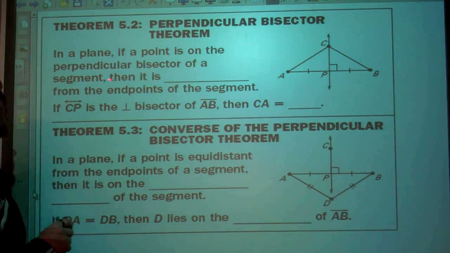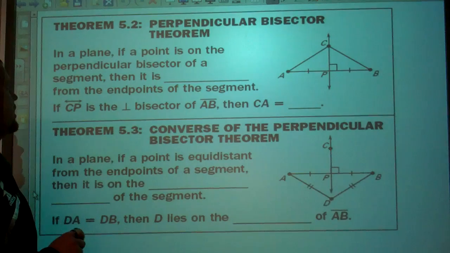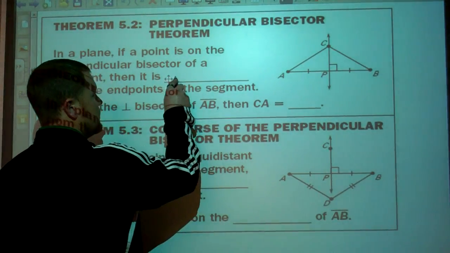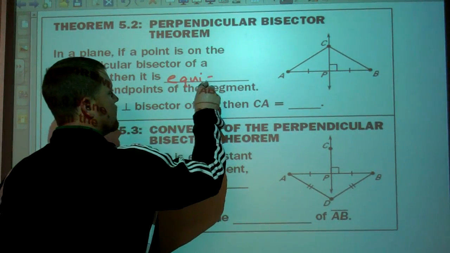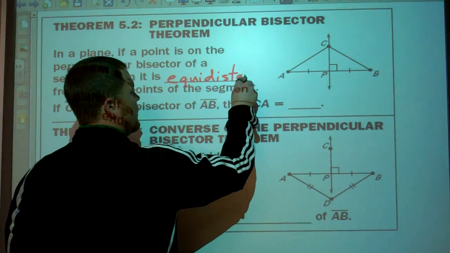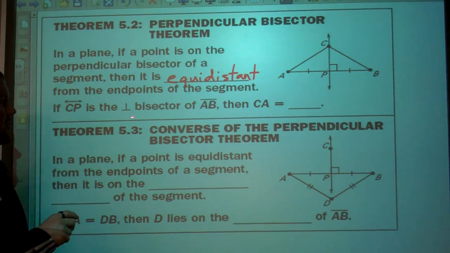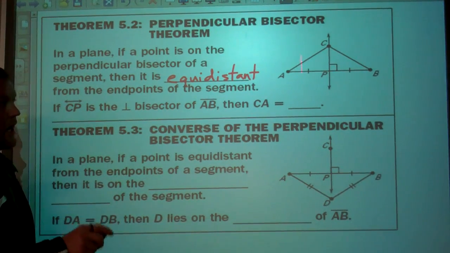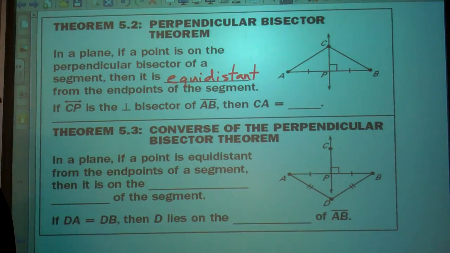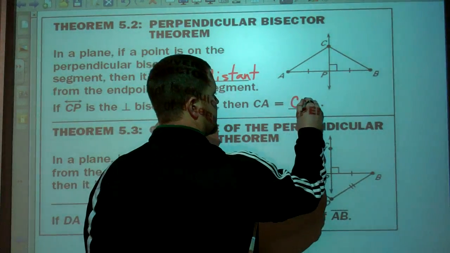If a point is on the perpendicular bisector of a segment, then it is equidistant from the endpoints of that segment. So if line CP is the perpendicular bisector of segment AB, and it is, then length CA equals length CB.